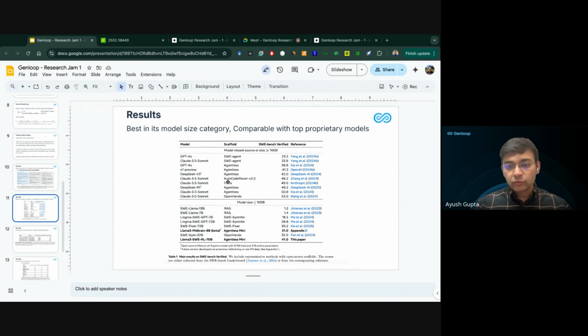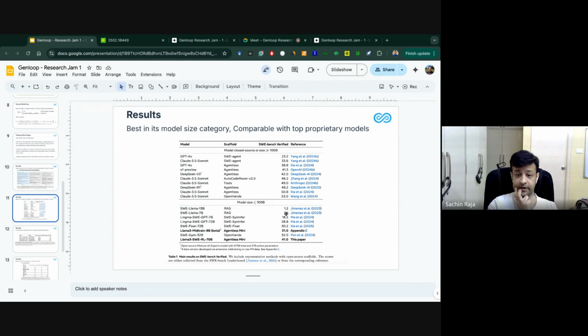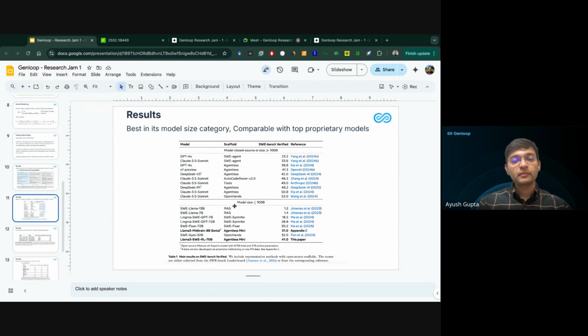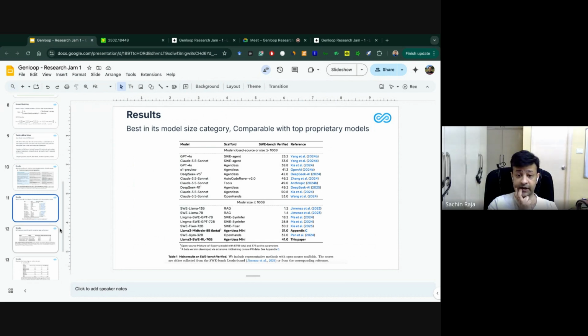So basically scaffold is also very important. In this case, possibly the scaffold of Agentless Mini, which they used, could improve it further. Otherwise, if we compare the base models, it's comparable, and with far fewer parameters as well. It's just 70 billion here, while GPT-4o and O1-style models would have more than 1 trillion parameters, possibly.